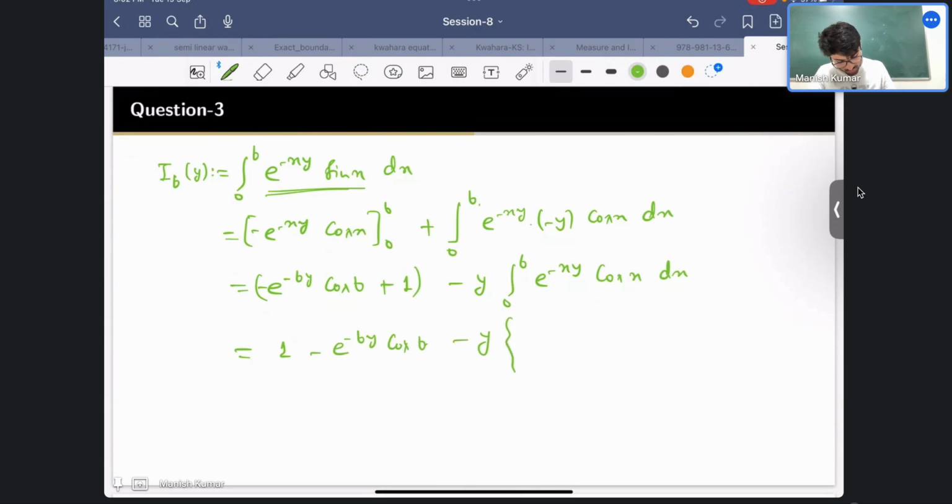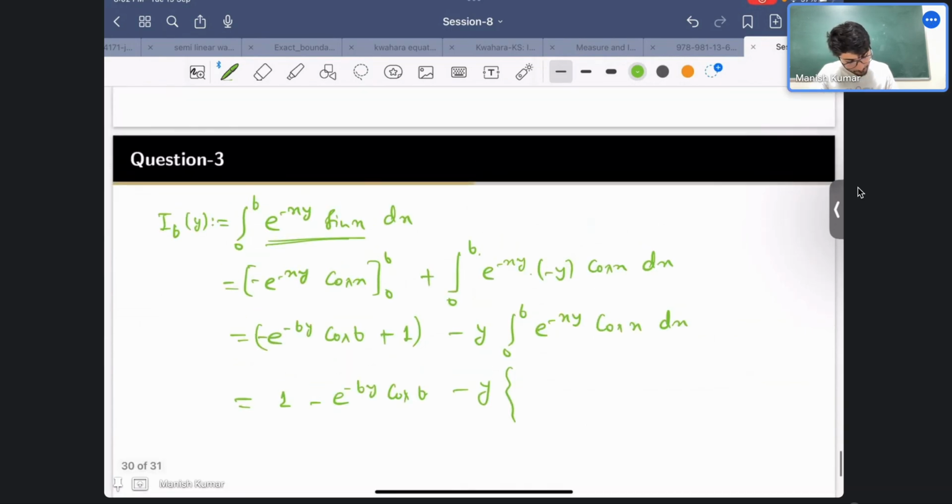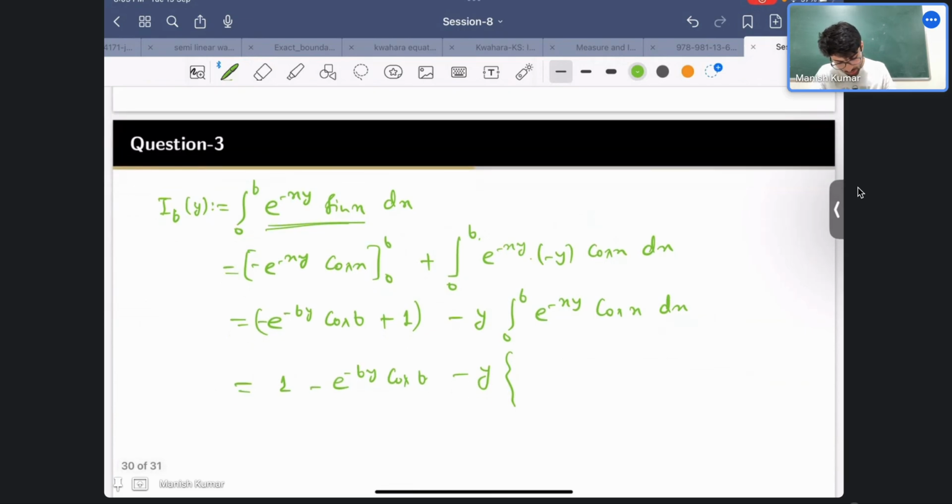So you do e^(-xy), you put minus sign, and then you have minus y, and then you have minus cos x.